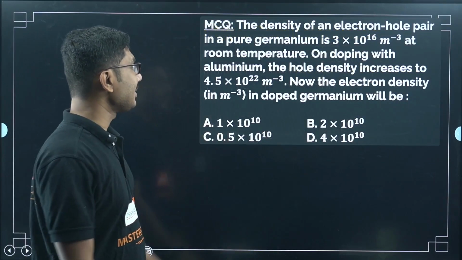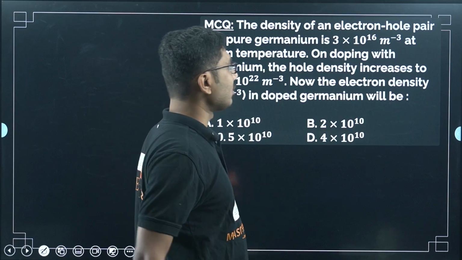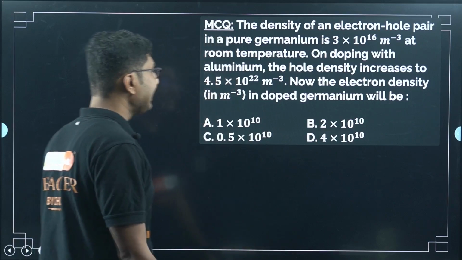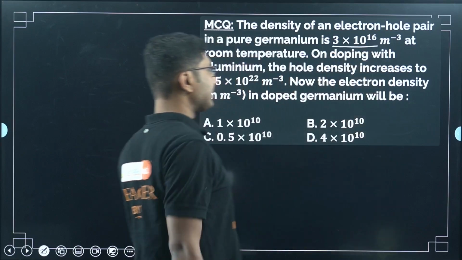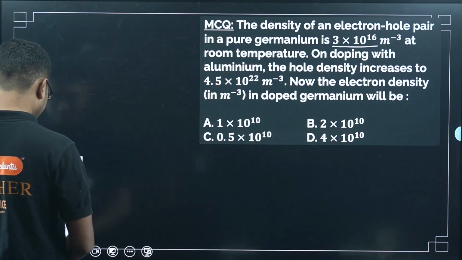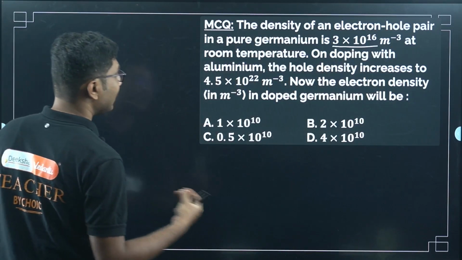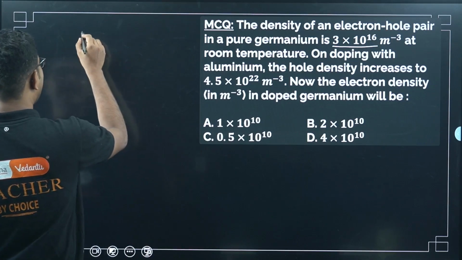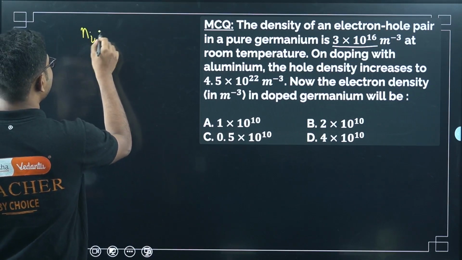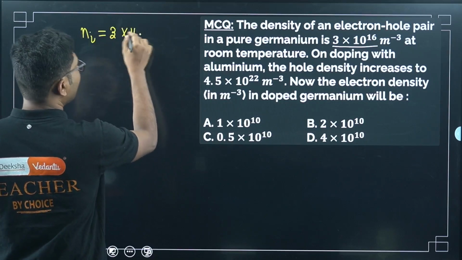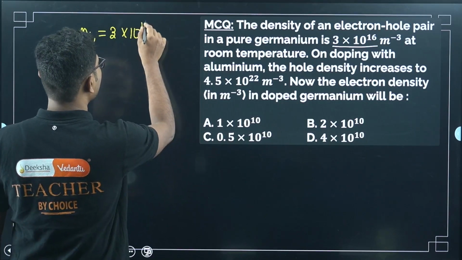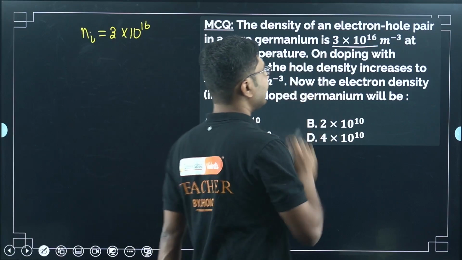Let's see this problem. The density of electron-hole pairs in pure germanium is 3 times 10 to the power 16 meter to the power minus 3. So Ni is given here, 3 times 10 to the power 16.